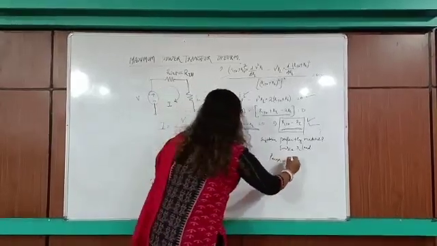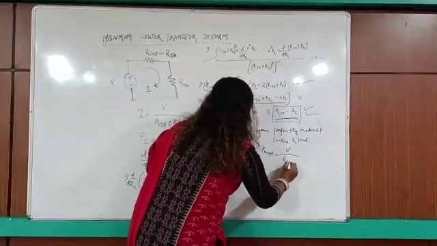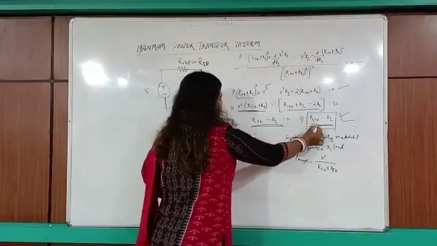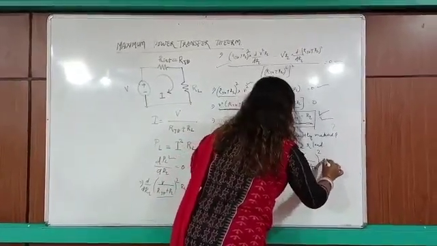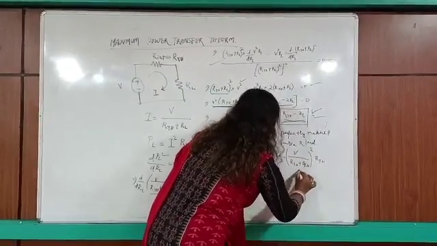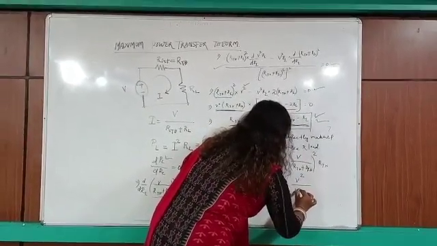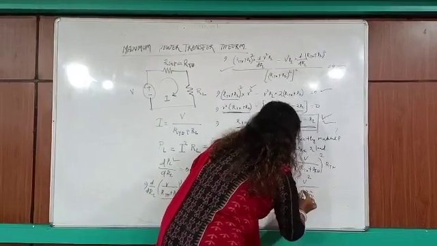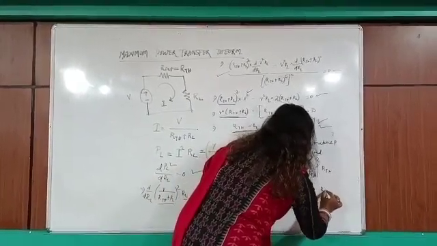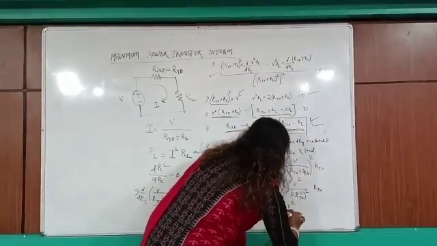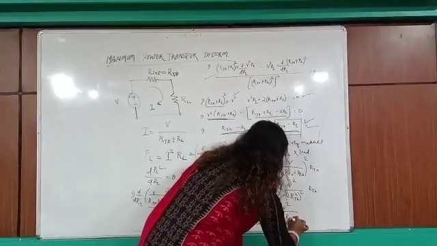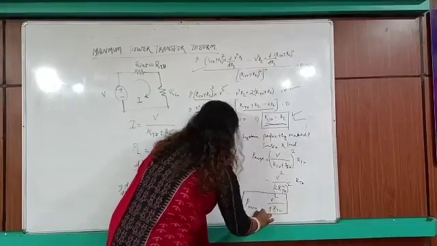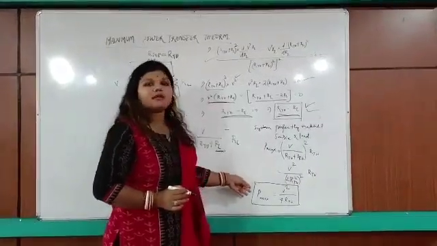Maximum power is V divided by (RTH plus RTH), putting RTH instead of RL, whole square into RTH, which becomes V square divided by (2RTH) whole square into RTH, that is V square divided by 4RTH. This is the power consumed by the load.